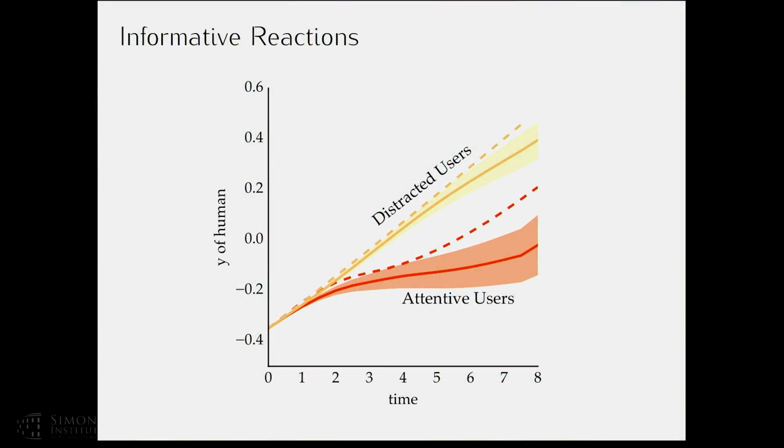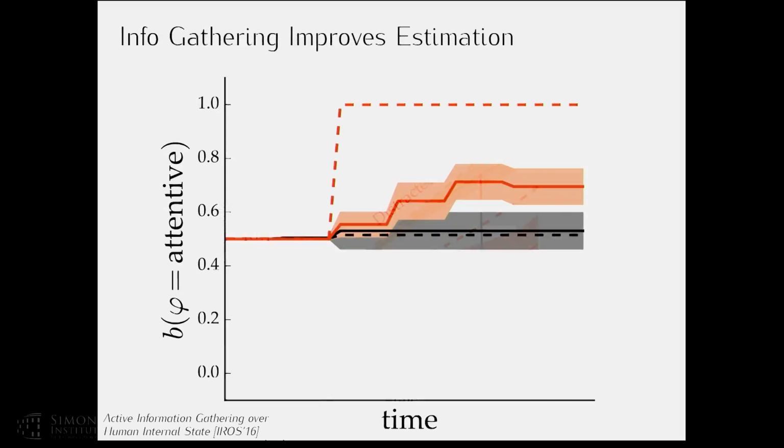They very nicely cluster. You're going to see one behavior from distracted users and a very different behavior from attentive users. And that will give you, despite the fact that the observation model is soft, a probability distribution, enough information to be fairly confident in the type of driver that you're dealing with. And so there's really this gap that's magical.